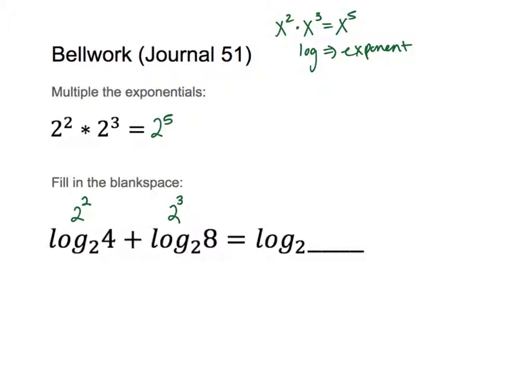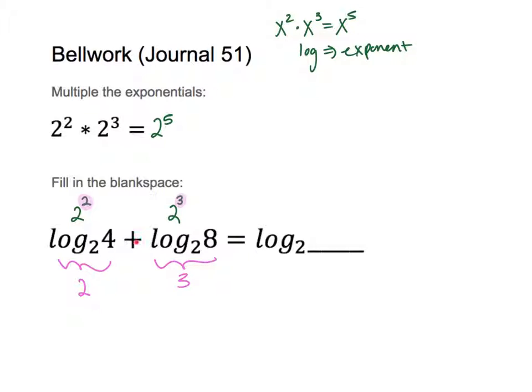Let me grab a highlighter here to show you guys. So this 2 here is what I get when I take my log. So this log here is a 2. Whereas this 3 here is the value when I take this log.